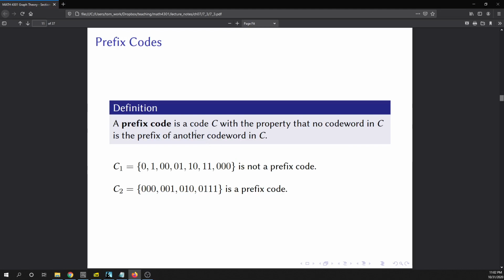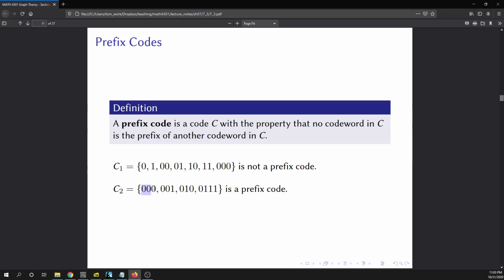So a prefix code is a code C with the property that no code word in C is the prefix, or the beginning part, of another code word in C. You can see this is definitely not a prefix code, because lots of things appear as prefixes of other code words. But down here, this code is a prefix code.